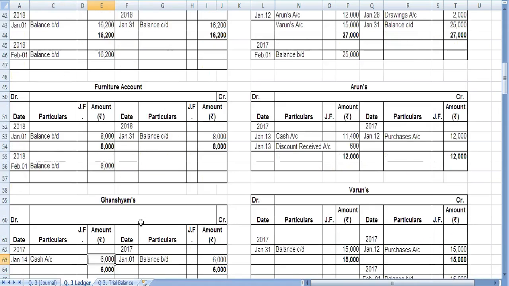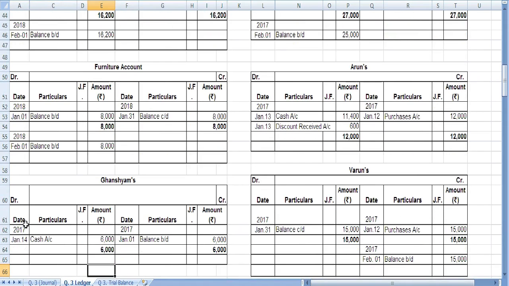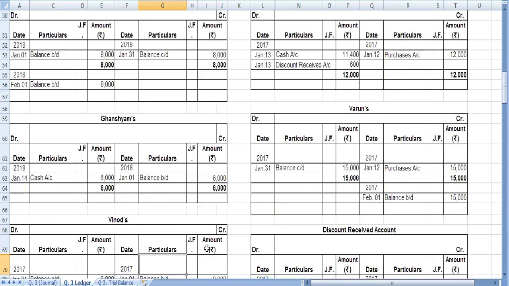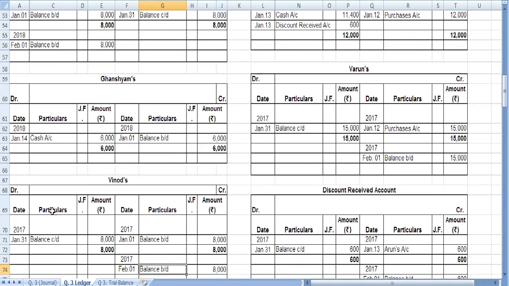Then we have Ghanshyam. He was the creditor. The opening balance 6,000, to cash 6,000, so both the sides are settled, and we don't have any balancing CD over here. Then we have Vinod.